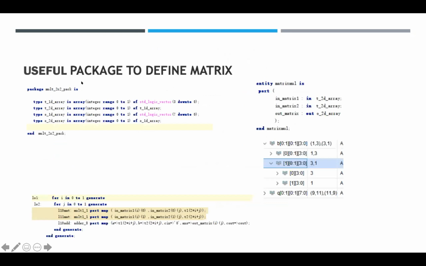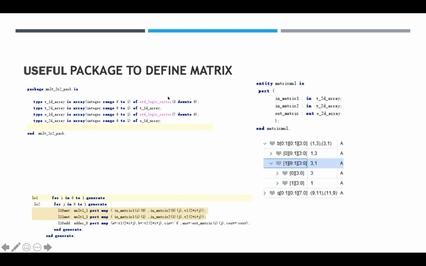And during the process to make it work, I learned that the package is very good to define the matrix format of the data type in the matrix. As I run here, this is the input. I define the array of the input.